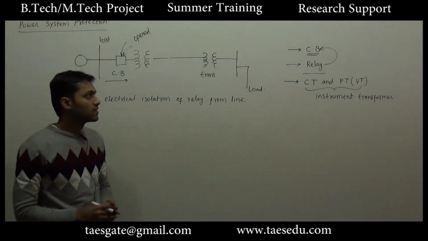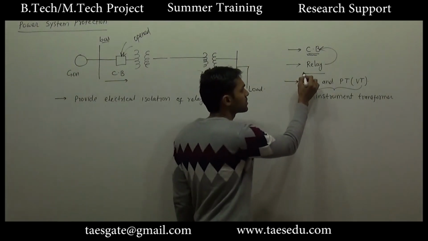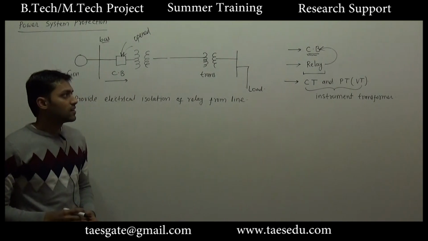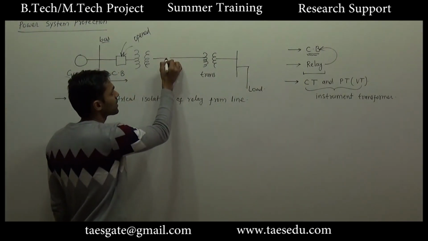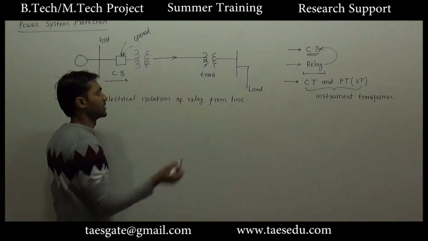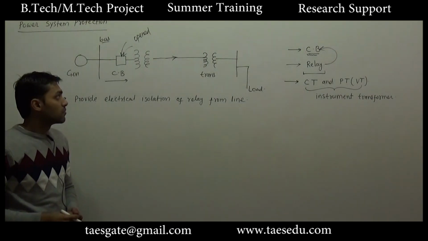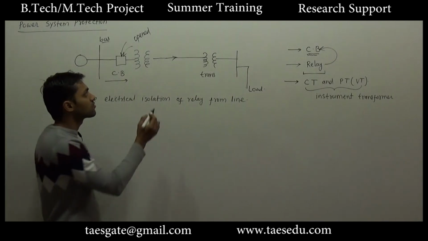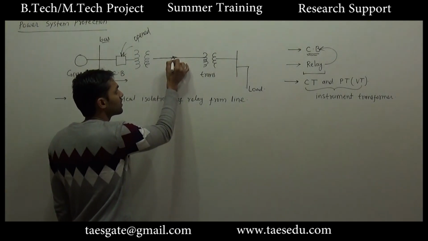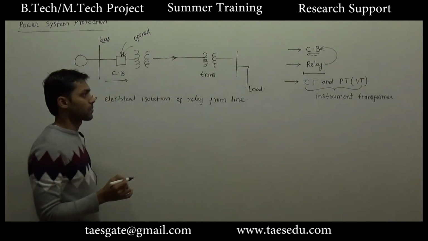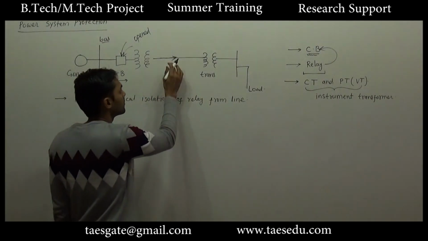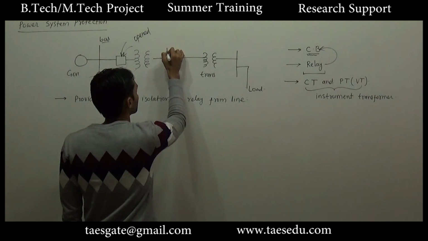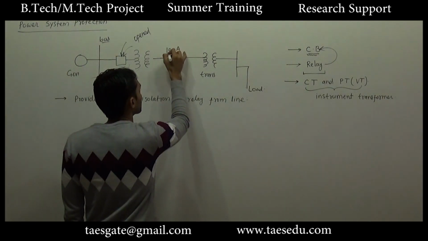As I said earlier, the function of the relay is to sense the fault. And how can the fault be sensed? The relay can sense the magnitude of current in the line. If the magnitude of current is much higher than the normal current, it will sense the fault. But the relay is not going to sense the current directly in the line, because the magnitude of even normal current is very high.